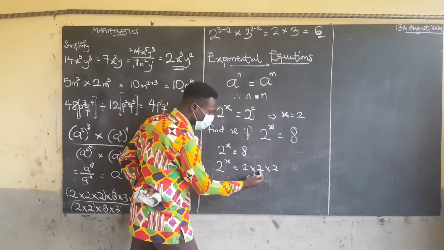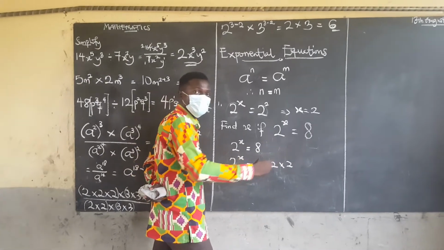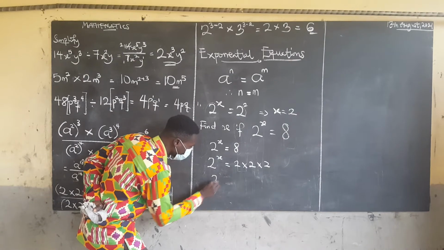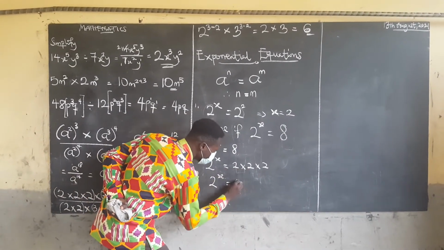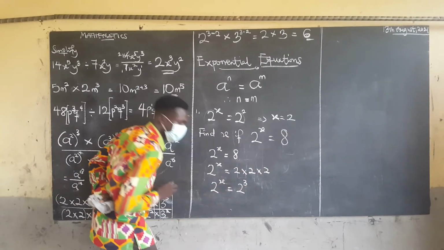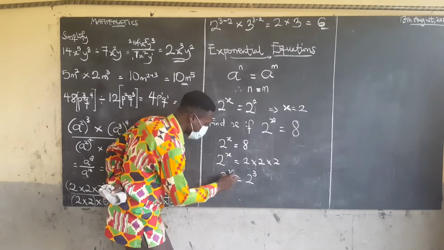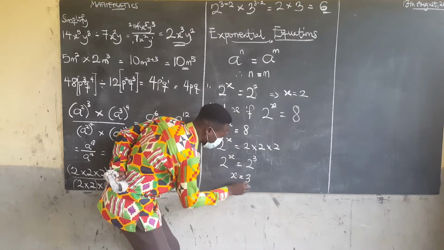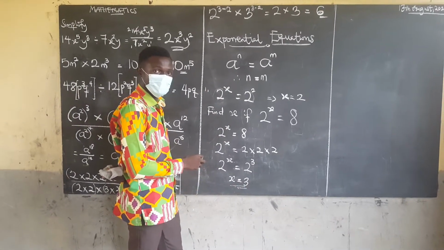So 2 times 2, 3 times will give me 8. So I can say 2 raised to the power x is equal to 2 raised to the power 3. Because the bases are the same here, I can say the x that I'm looking for is equal to 3. And this is how the exponential equation looks like.